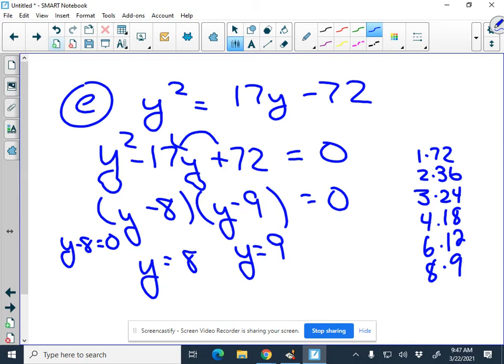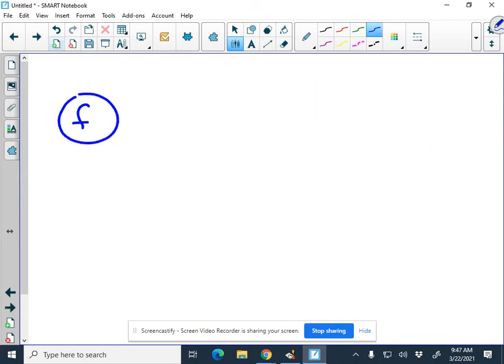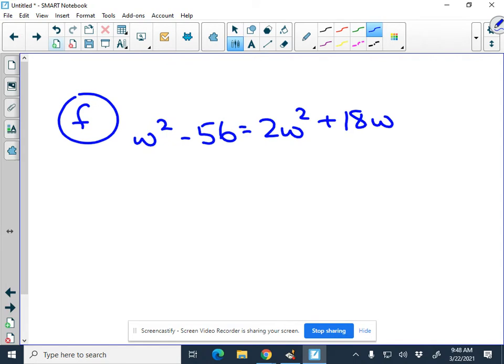All right, part F looks kind of confusing. This one's got a couple of w squareds. So we got to look and we got to say, well, I got that one, I got that one. Those two actually are going to get combined, but they're on opposite sides. So I do have to move them.